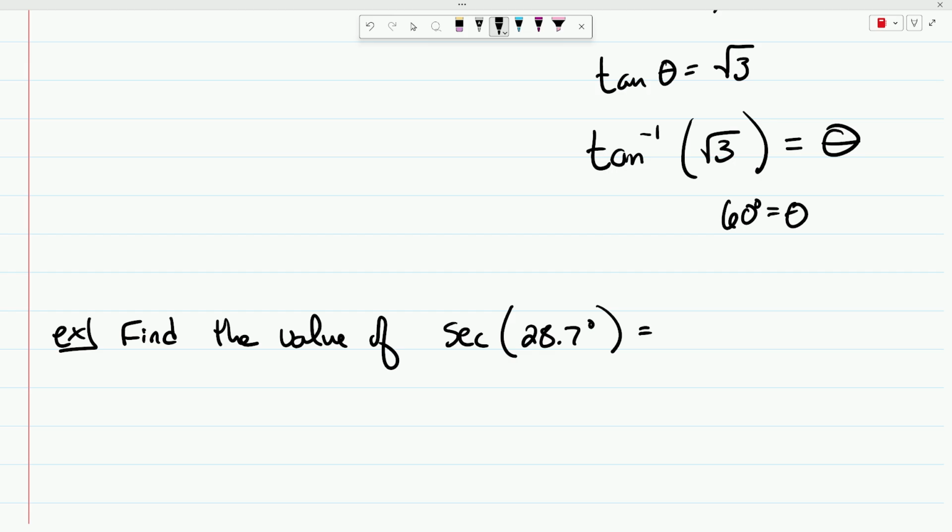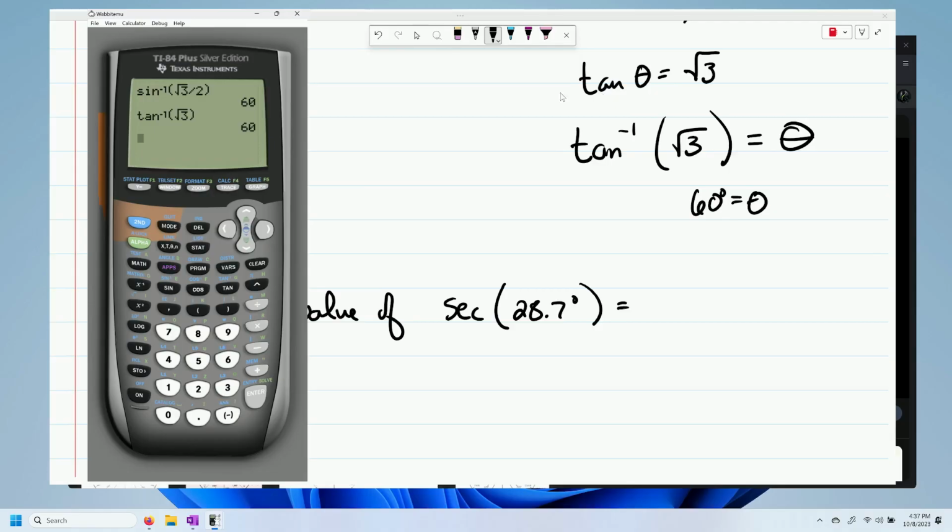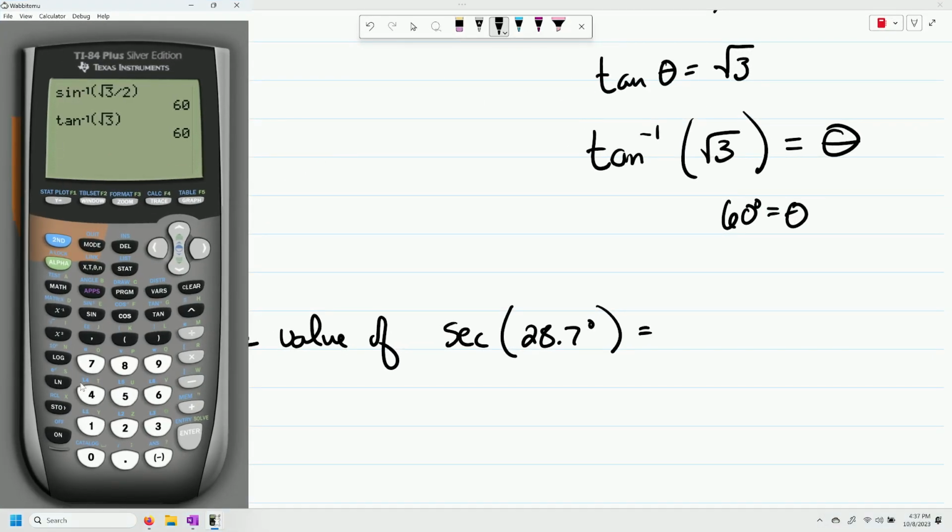Okay? Well, if we look at our calculator, initially on the surface here, we do not have a secant button, okay? Also, you got to remember, this is sine inverse. Sine inverse is not secant, all right?